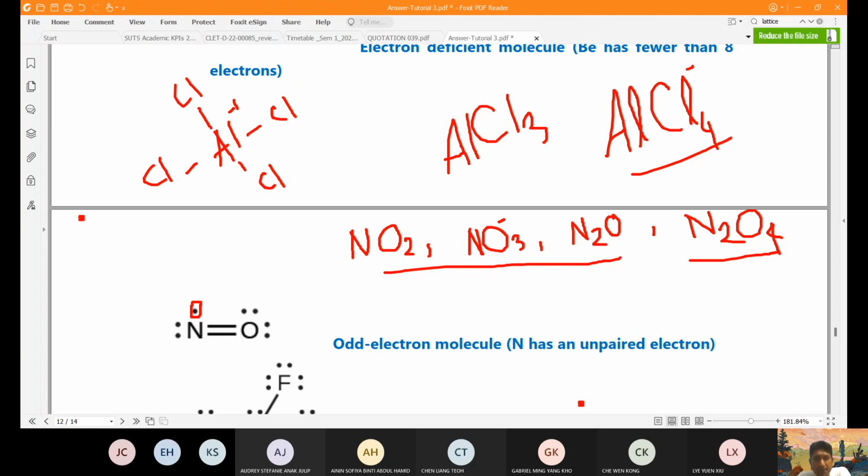So what is the difference between these two? Can anybody tell me? Any idea?